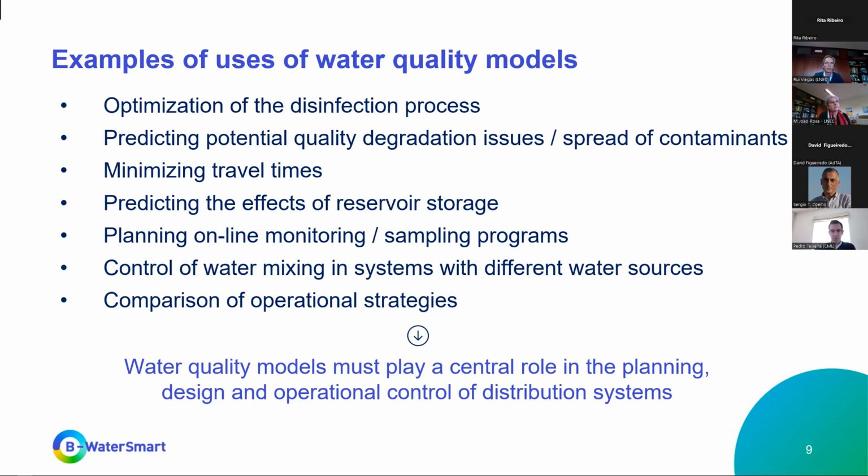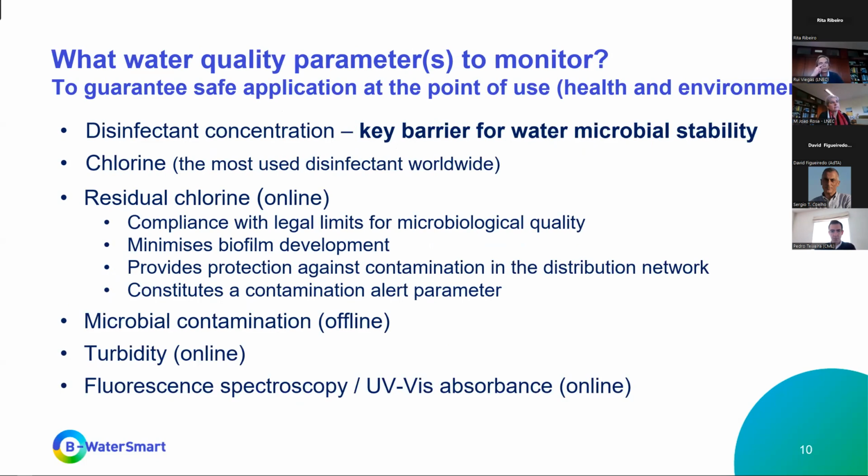So what water quality parameter to monitor is to guarantee a safe application at the point of use. For sure, the disinfectant concentration, which is the key barrier for water microbial stability.